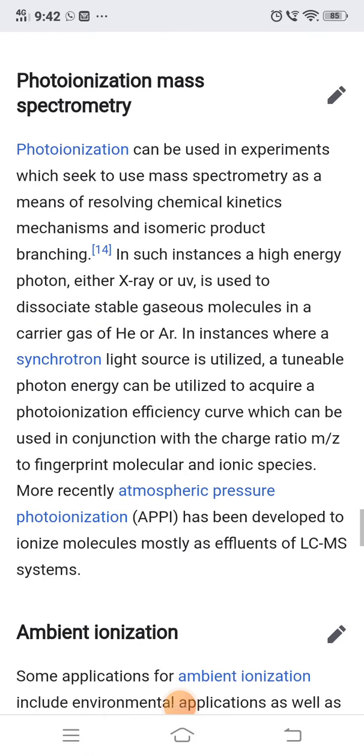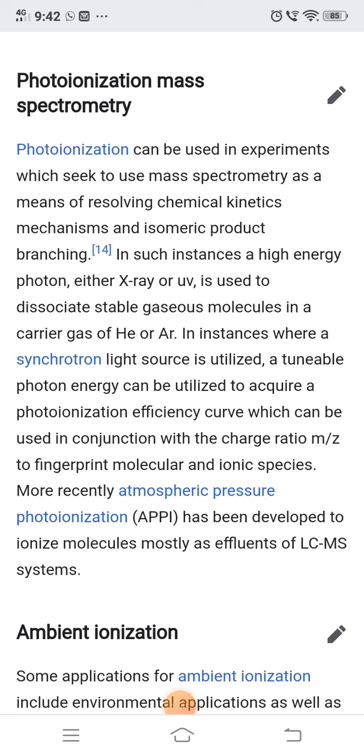The next point is photoionization mass spectrometry. Photoionization can be used in experiments which seek to use mass spectrometry as a means of resolving chemical kinetics mechanisms and isomeric product branching. In such an instance, a high energy photon, either X-ray or UV, is used to dissociate stable gaseous molecules in a carrier gas of helium or argon.